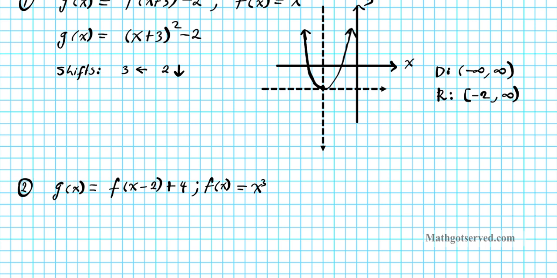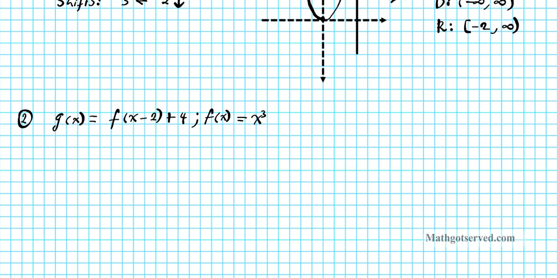Let's find out what the transformed function g of x is first, and then we're going to sketch a graph. So g of x is you composing x to the third with x minus 2, and then shifting it 4 units up. That's going to look like, instead of x to the third, x minus 2 to the third plus 4.